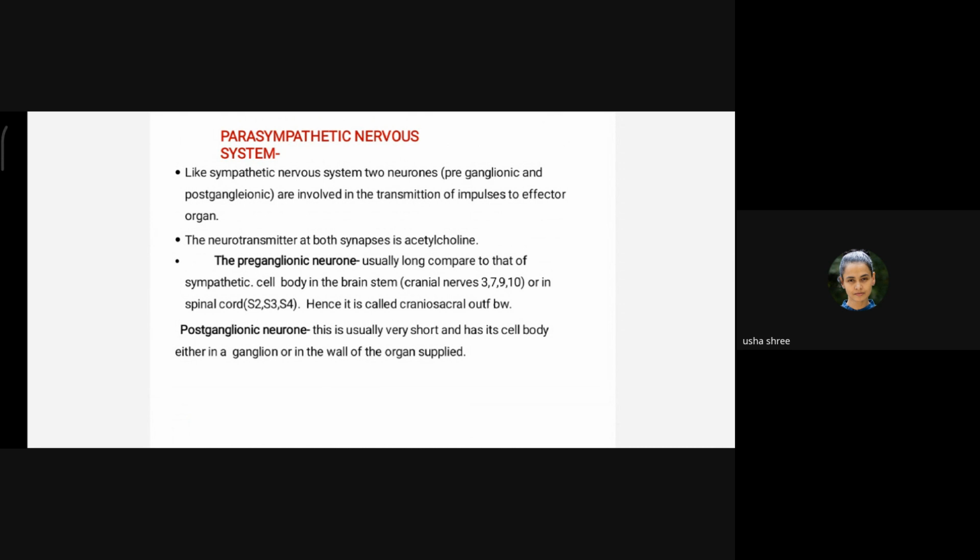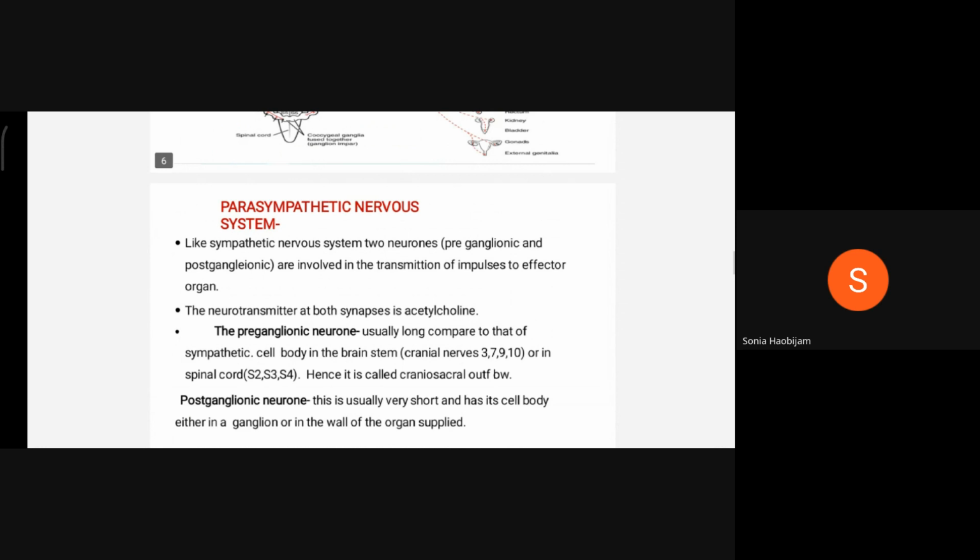Which portion of the vertebra is remaining now? Wasn't it thoracolumbar? Yes, ma'am. Lumbar.